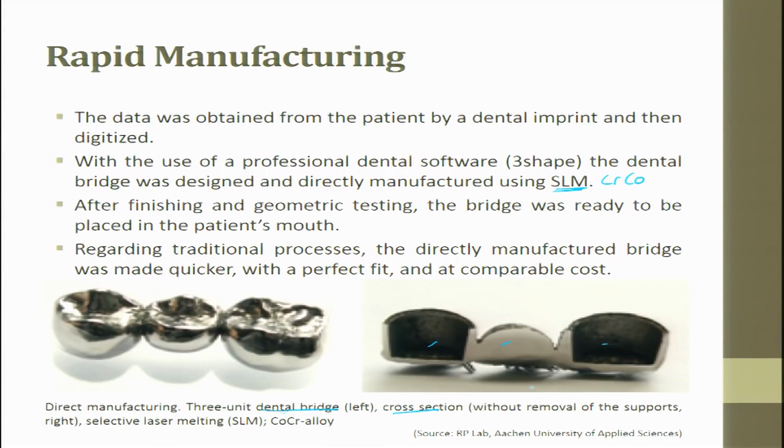We try to get the output. So, compared to the traditional process, the directly manufactured bridge was made quicker with a perfect fit and a comparable cost. This direct manufacturing has now come into regular use, where dentists use it exhaustively for making dental bridges.